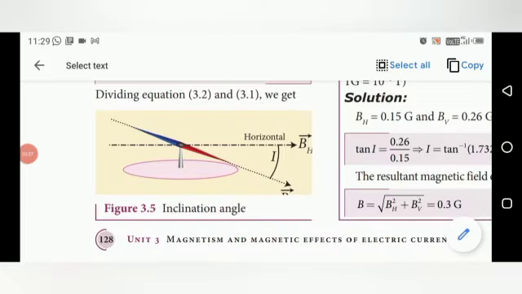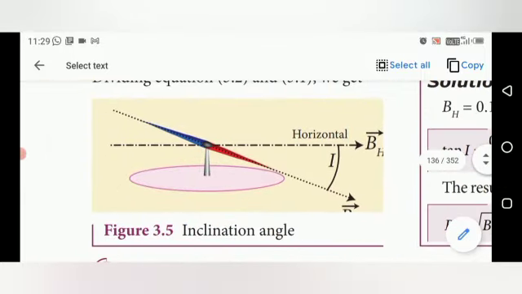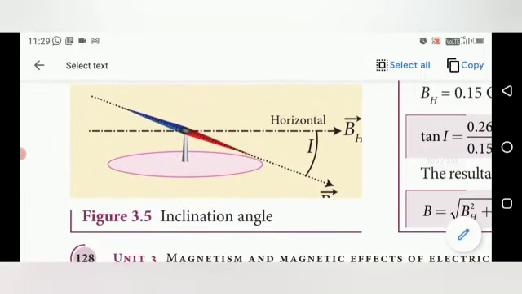The second element is the inclination angle, or I. What is meant by I? Consider the surface of the earth. The horizontal component of the Earth's magnetic field is called BH, and the magnetic meridian of the magnet can be dipped inside the earth.